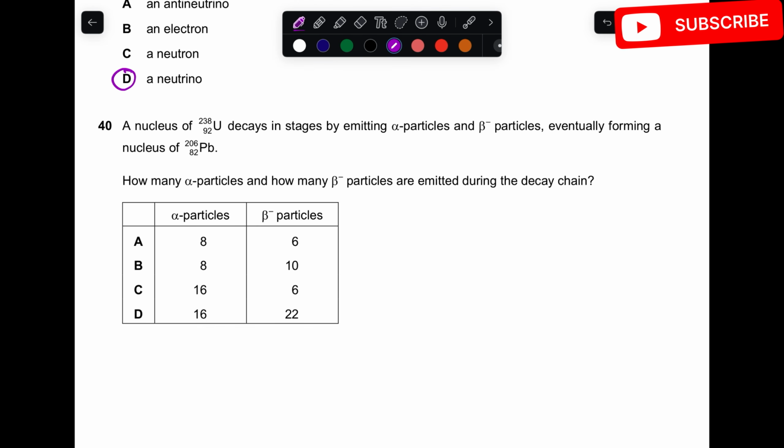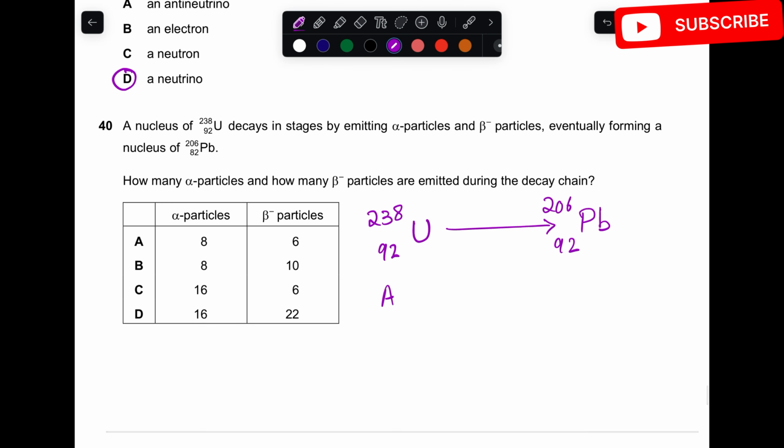Okay, so if you see, U-238 with 92 is changing to Pb-206 and 82. So first check the masses. It is basically 238 changing to 206. Let's check how much difference is happening here.